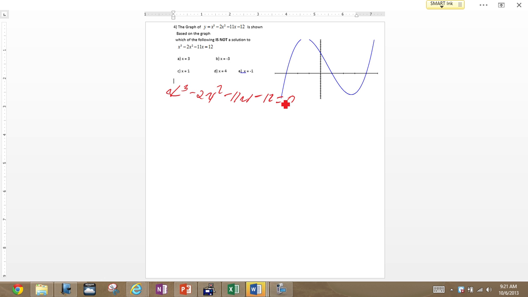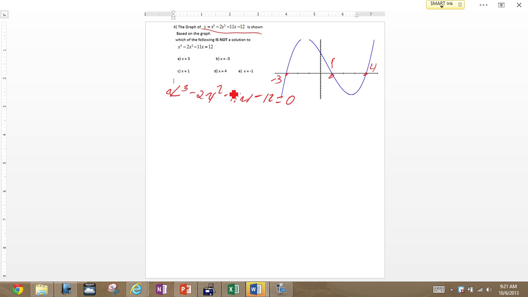Well, as you can determine, it does not factor, but you don't need to factor it because you have the graph, and we know that if the graph is y is equal to that, then when y is equal to 0, we're looking at the x-intercepts, which are clearly at negative 3, 1, and 4.